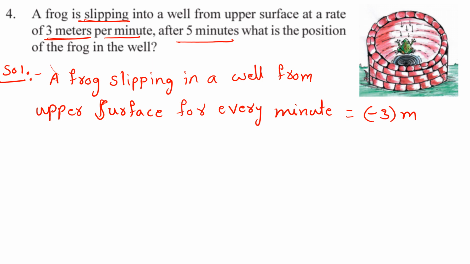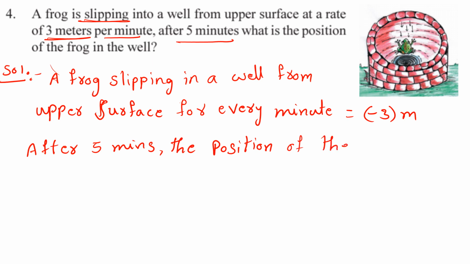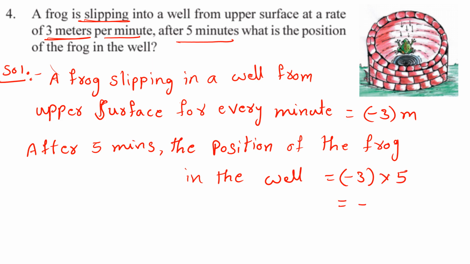Next, after 5 minutes, the position of the frog in the well equals minus 3 into 5. So how much is it? That is minus 3 into 5, that is minus 15 meters.